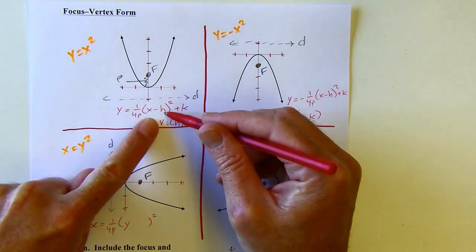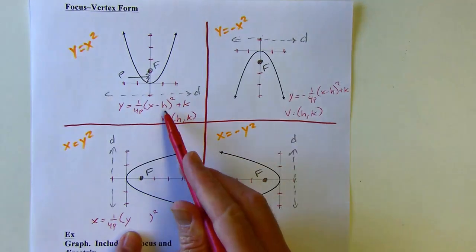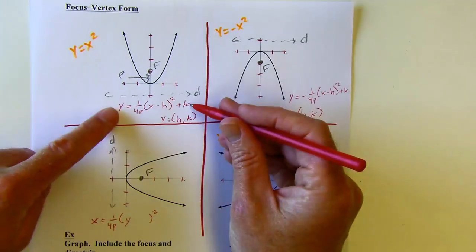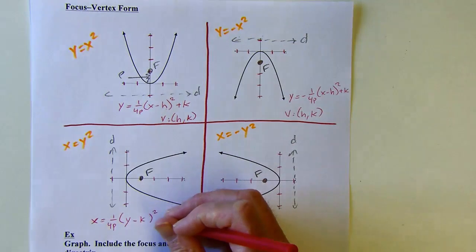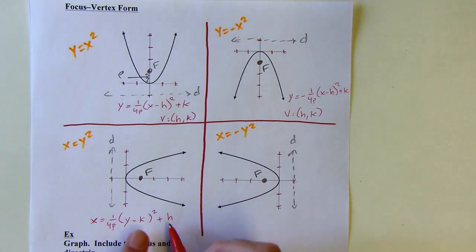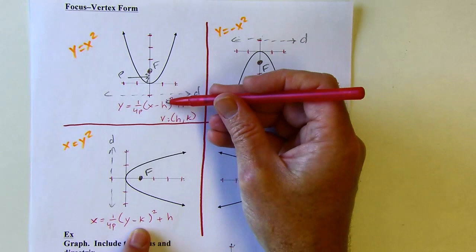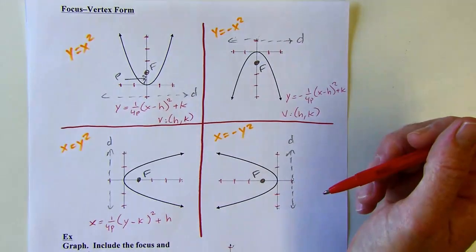The x and the h are a group, okay? So instead of saying y minus h, I'm going to say y minus k inside the parentheses, okay? And that means that this is going to be h. So yes, the x and the y switch, but also the k and the h have swapped from where they were in the versions that open up and down, okay?